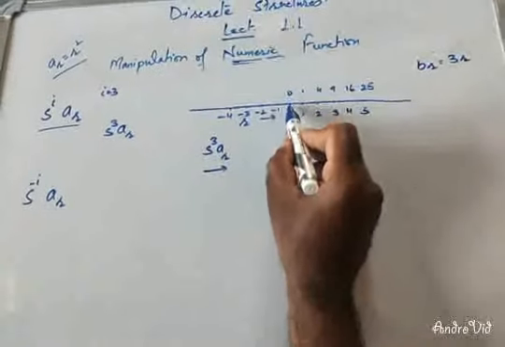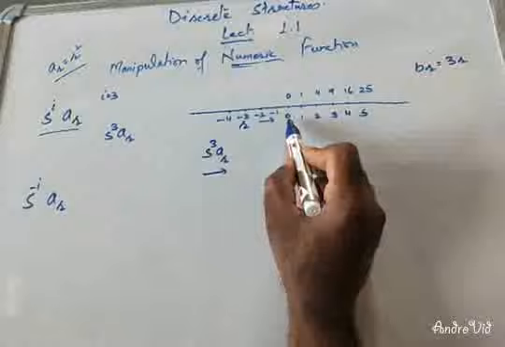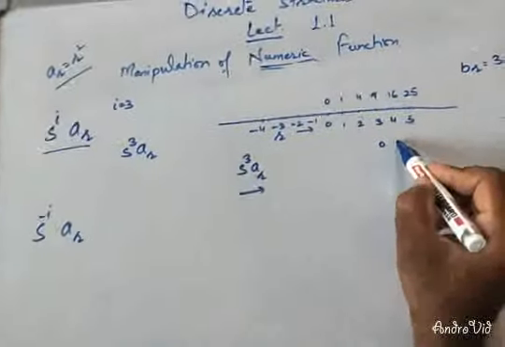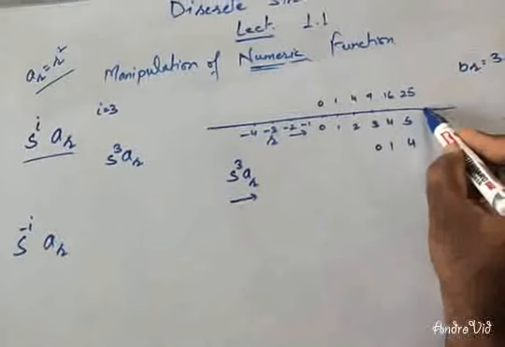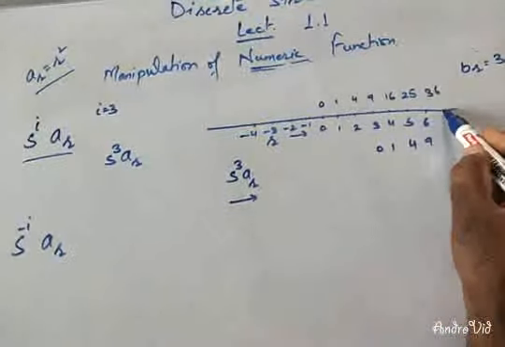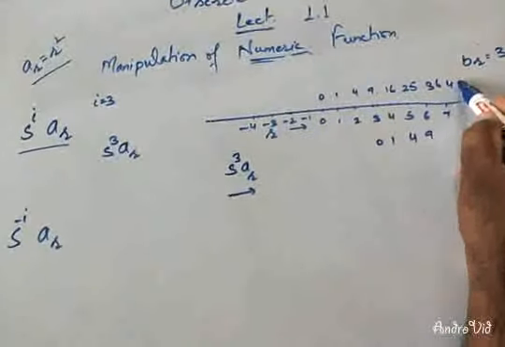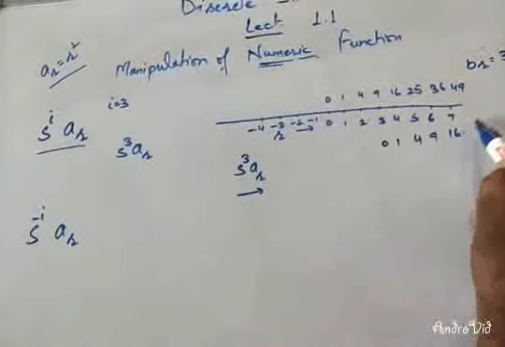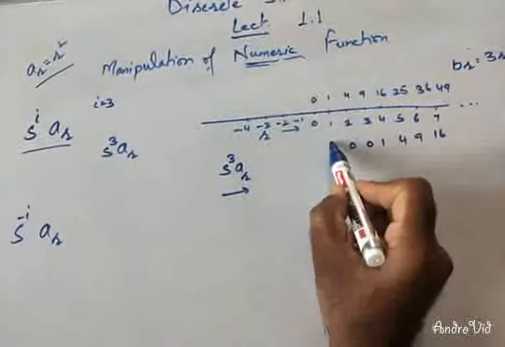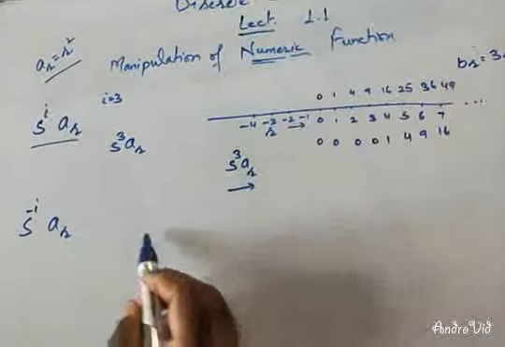So 0 will move 3 steps ahead. So 1, 2, 3, there will be 0, then 1, then 4, then 9 and 16 and so on. And these 3 points will occupy the value 0.